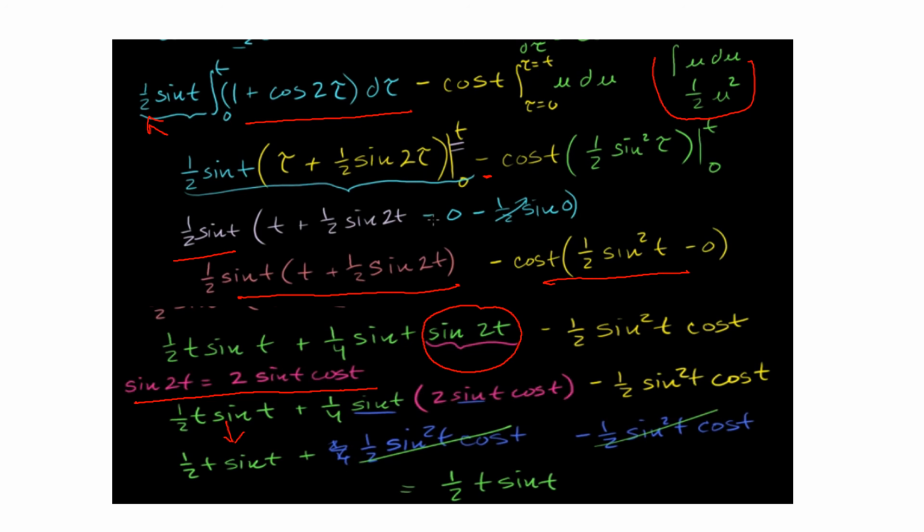The 2 and 4 cancel, and it becomes half sine square t cos t. There is already another half sine square t cos t with a minus sign, so that cancels. Finally, the result is half t sine t.